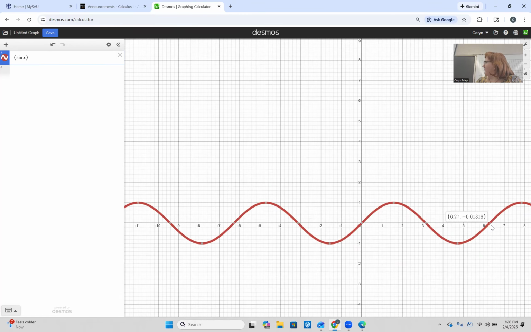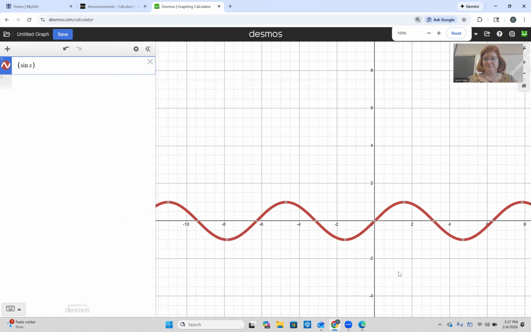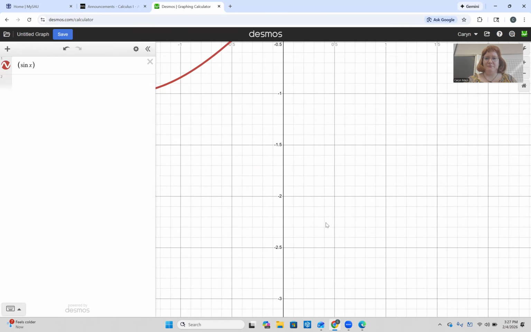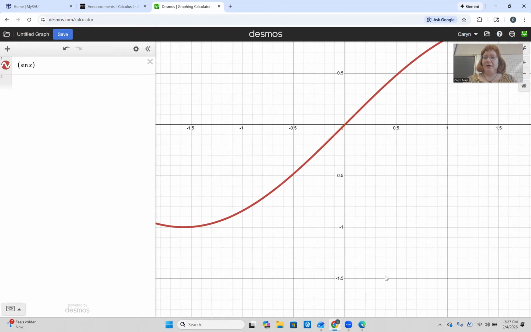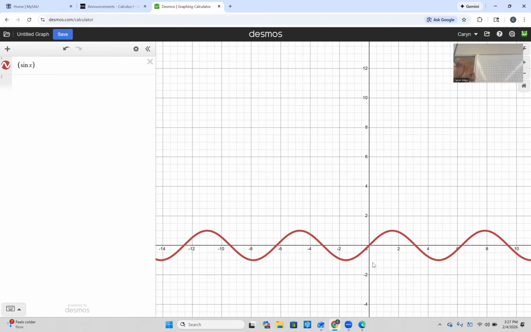I wish Desmos used pi, well, it does, but not in the way I'm wanting it to. But there's all of our zeros. The graph of cosecant should have vertical asymptotes at each spot this crosses the x-axis.